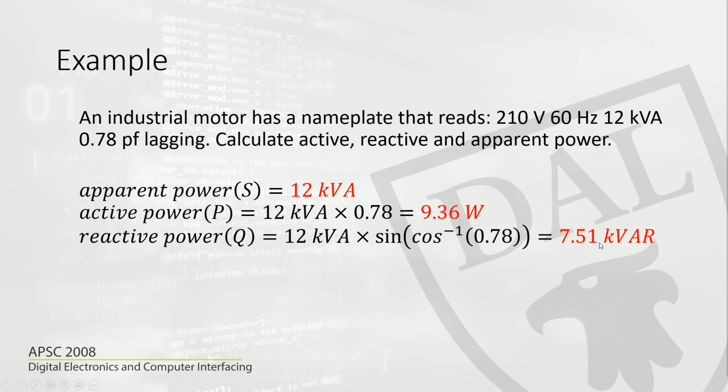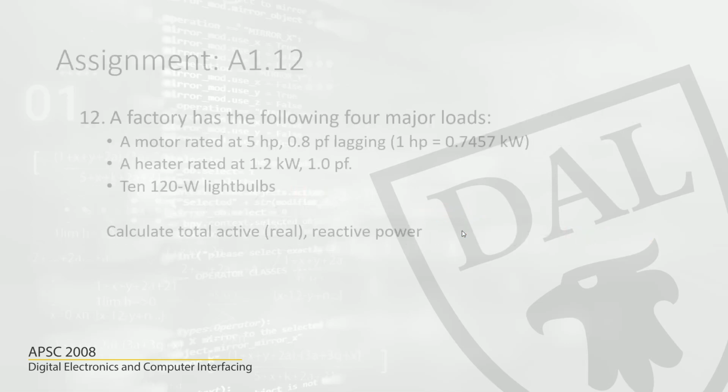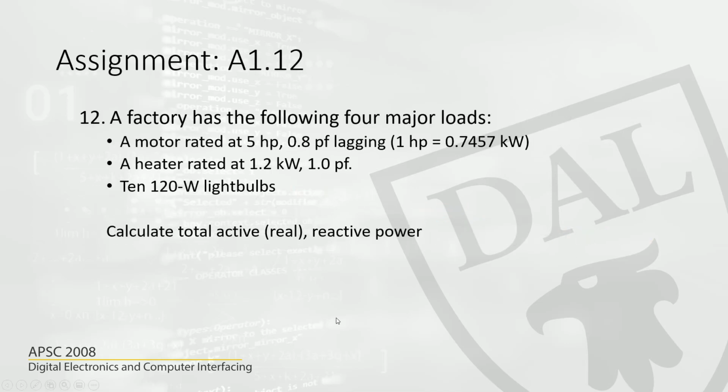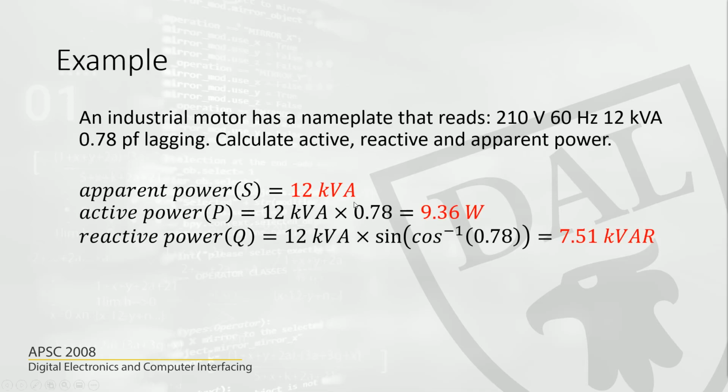You multiply that by 12 kilovolt-amperes, and that is going to be 7.51 kilowatts. My apologies, there is a small issue here: this will be kilowatts, not just watts. It's going to be kilowatts here. So that is an example.